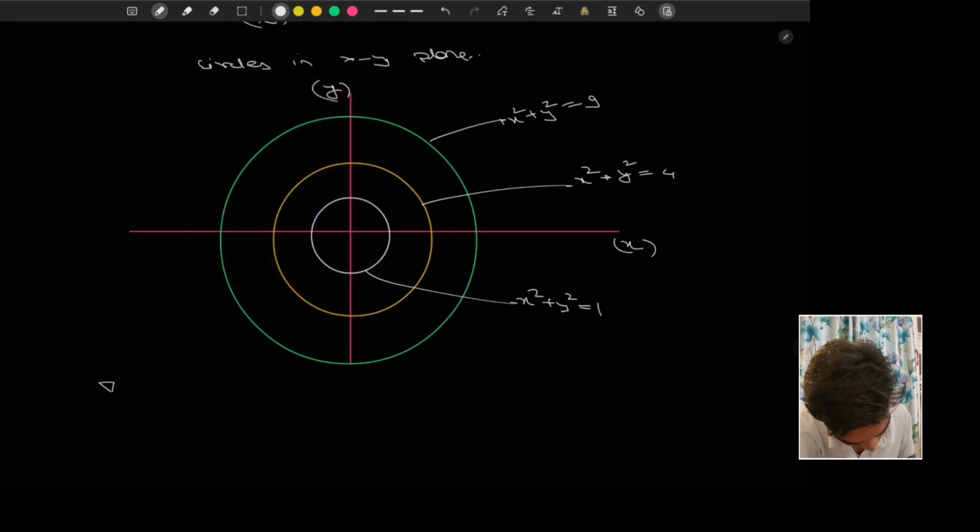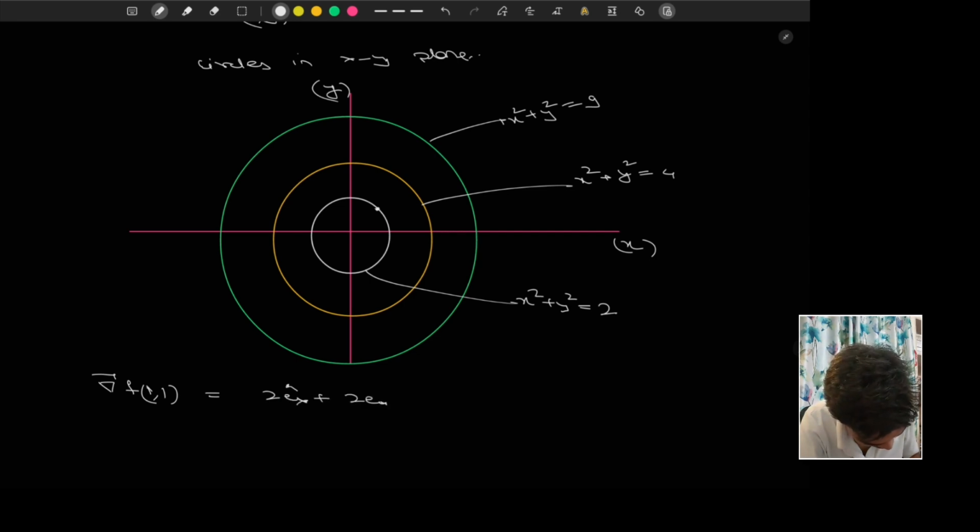What I have asked you is to compute this at 1 comma 1. 1 comma 1 doesn't lie on any of these circles, so let's say this corresponds to x square plus y square equals 2, then 1 comma 1 would lie on this particular circle, somewhere here. The gradient came out to be 2e_x plus 2e_y, and that vector would look like that, at the point 1 comma 1.